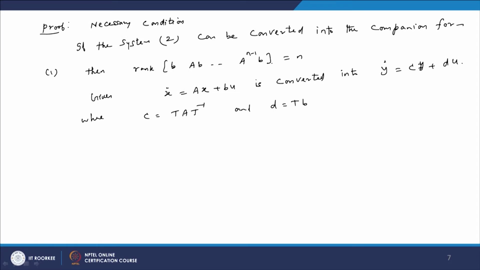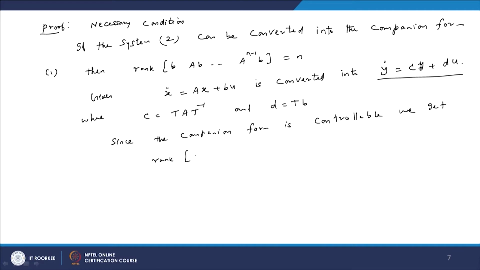It is known that the companion form is always controllable. Since the companion form is controllable, we get the rank of D, CD, etc., equal to n.